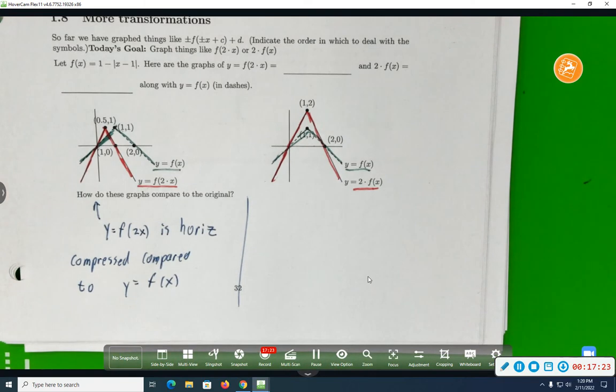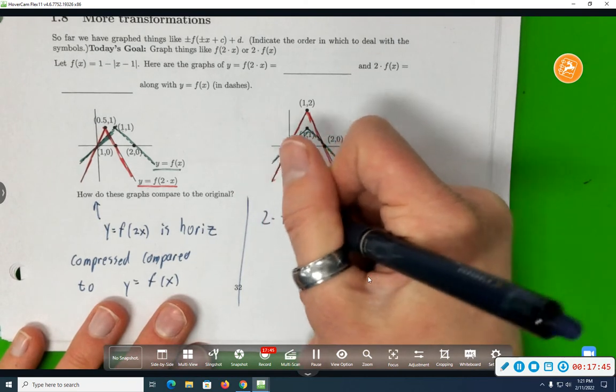That seem believable? Let's look on the right. So if the thing on the left is a compression happening, what would you say is happening on the right to go from the green to the red? Expansion? It's expanding. Yeah, it's getting taller. Things are stretching vertically.